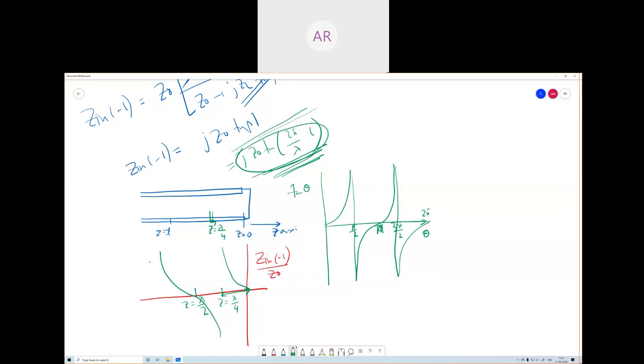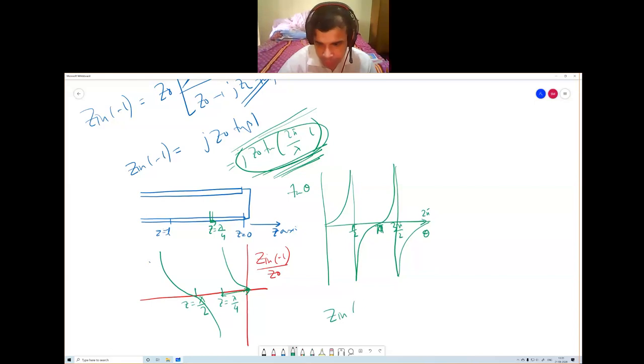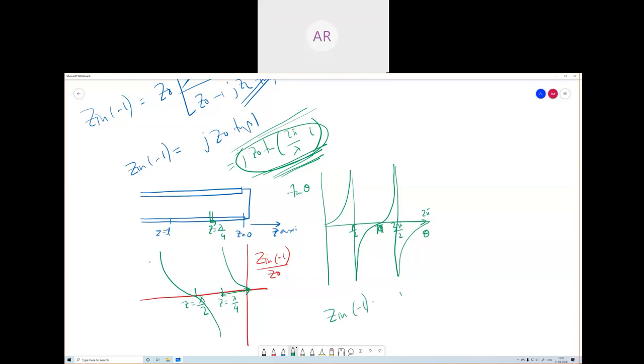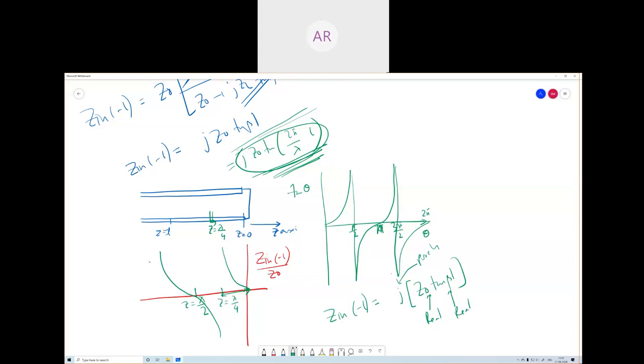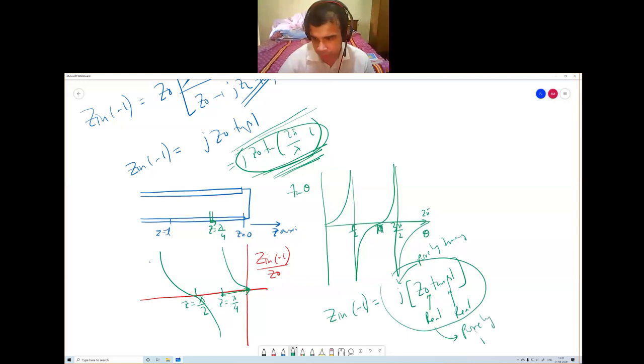What was Zin? Zin of minus L is equal to j Z0 tan beta L. This part is real, but j makes it purely imaginary. So this entire thing will be purely imaginary. There is no real part here. Is this okay? Yes, sir.